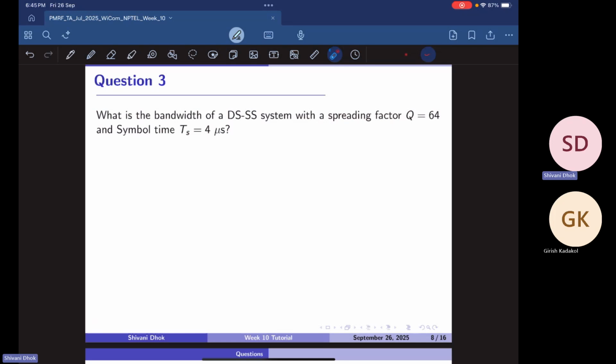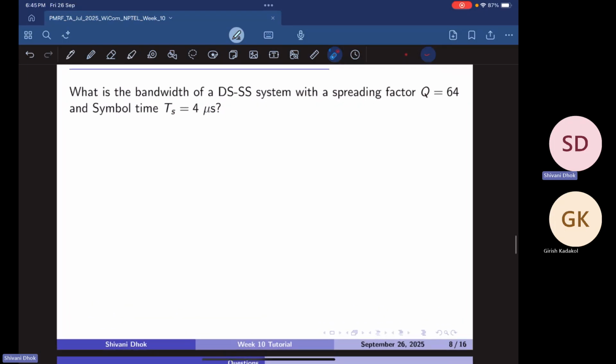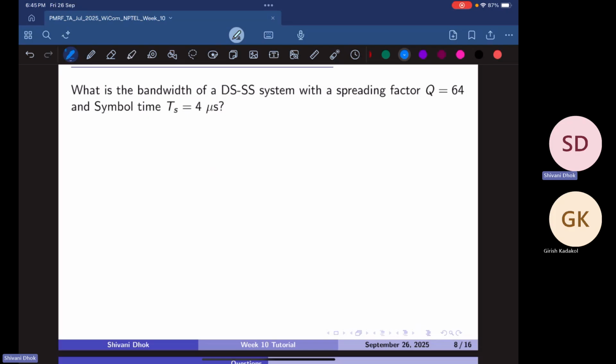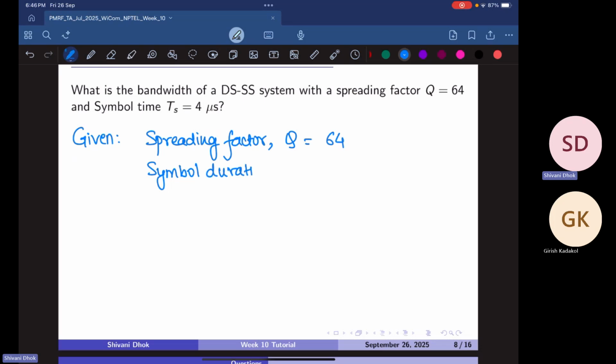What is the bandwidth of a DS-SS system with a spreading factor of Q equal to 64 and symbol time Ts equal to 4 microseconds? So what is given to us is the spreading factor, which is Q equal to 64, and symbol duration Ts, which is 4 microseconds.